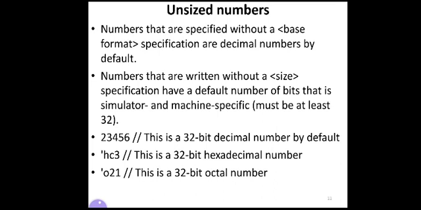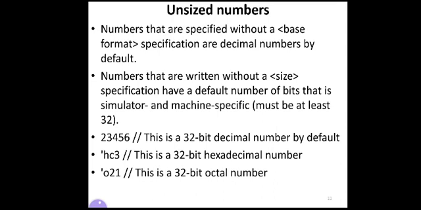Second example, 'hC3. Size is not provided here, so by default it is a 32-bit number, but the base format is provided. The base format is hexadecimal, so hexadecimal number C3. C3 is only 8 bits, but it occupies 32 bits in memory. So this is a 32-bit hexadecimal number.